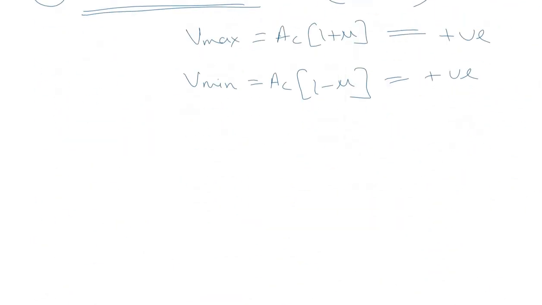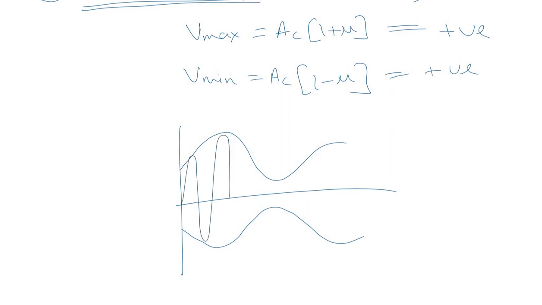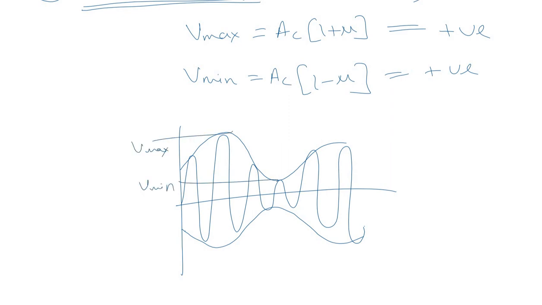Let's draw it again, something like this. Both Vmin and Vmax are positive, and there is no overlap between the two lobes, the positive and the negative lobes, and still there is some scope of modulation left.